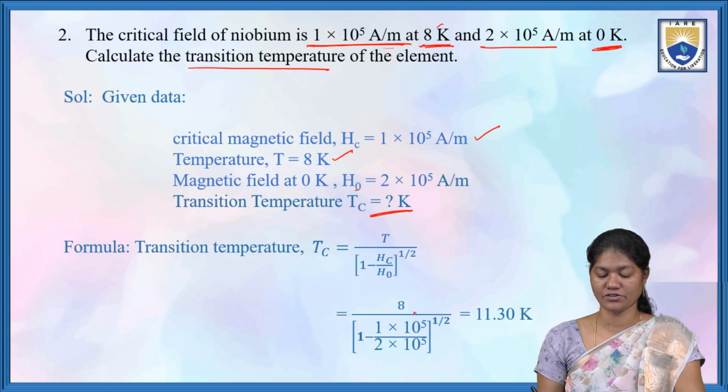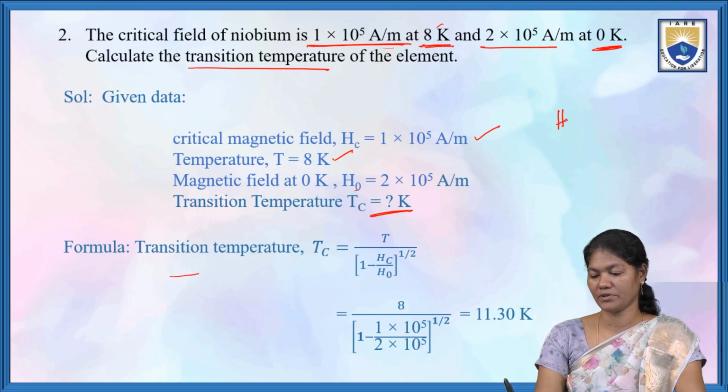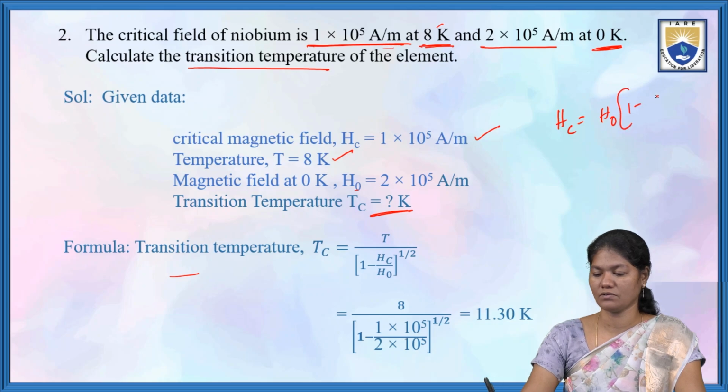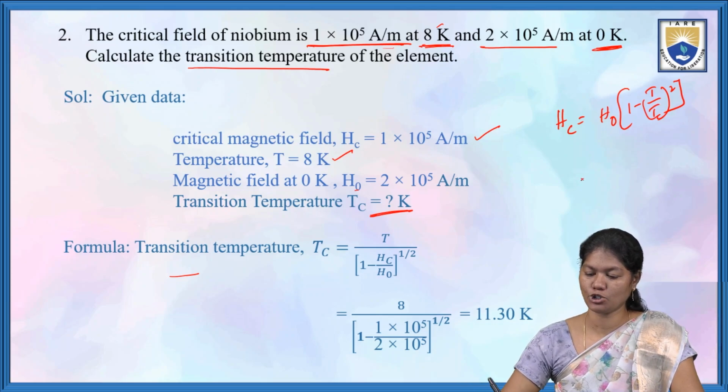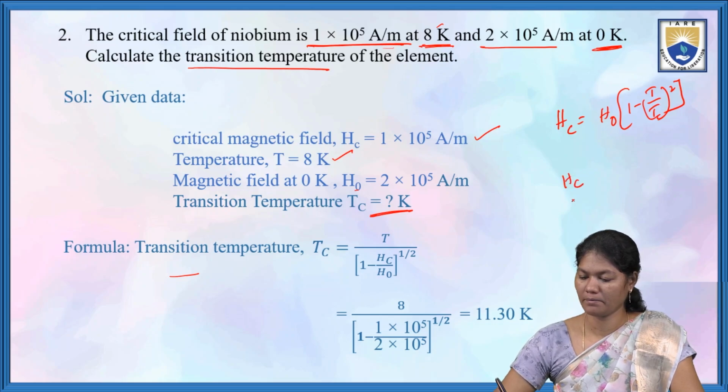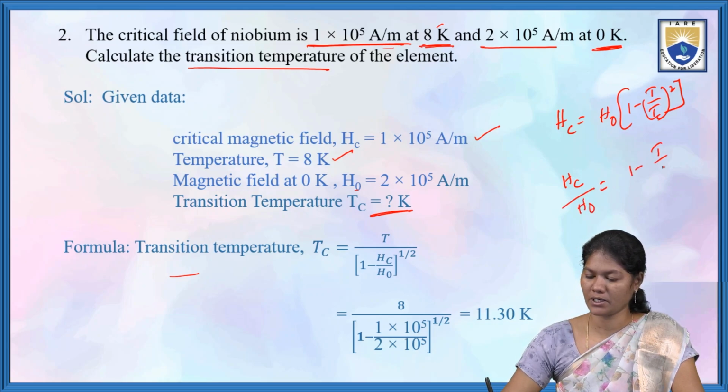So let's write the formula for transition temperature from the expression Hc is equal to H naught into (1 minus (T by Tc) square). Here, Hc by H naught is equal to 1 minus (T by Tc) square.